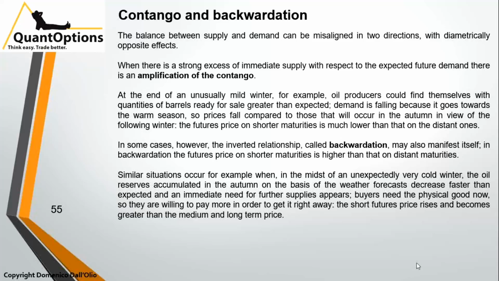In some cases, however, the inverted relationship called backwardation may also manifest itself. In backwardation, the futures price on shorter maturities is higher than that on distant maturities.